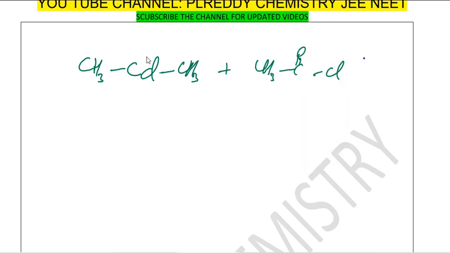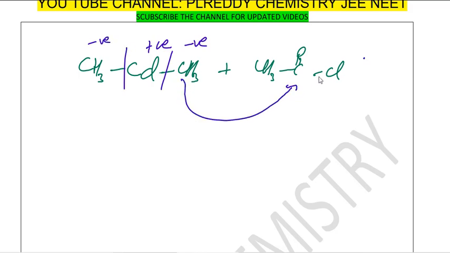So here obviously metal is positive charge, then carbon chain is negative charge. So this methyl group is acting as nucleophile. Then here it is forming CH3, CH3Cl is there.